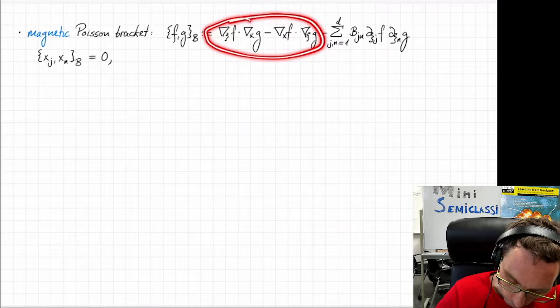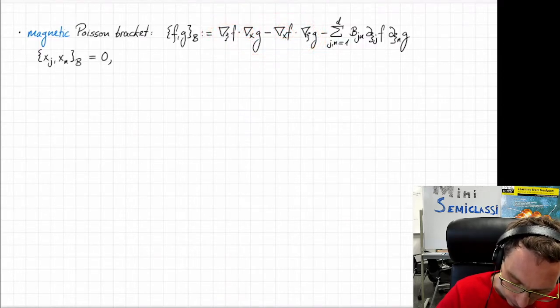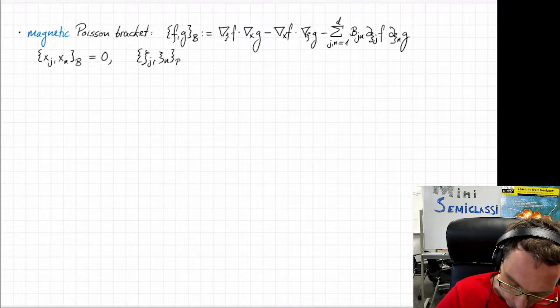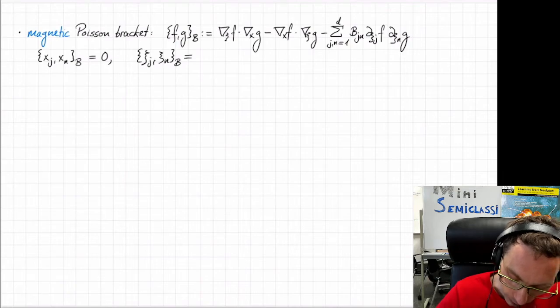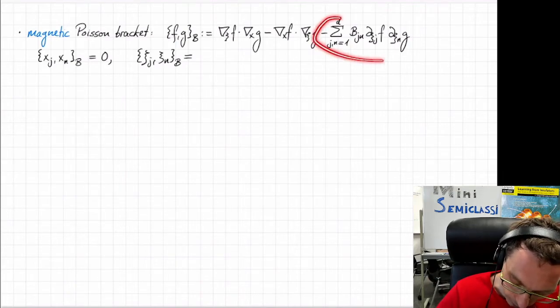So the non-magnetic term, you always have a psi derivative paired with an x derivative, and that means that this does not contribute to the Poisson bracket of different components of x, and it does also not contribute to the commutator, to the Poisson bracket of different components of momenta, but the second term does, right?